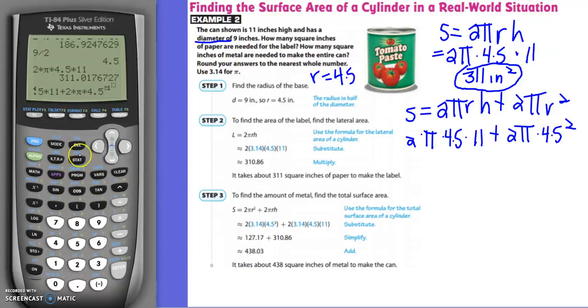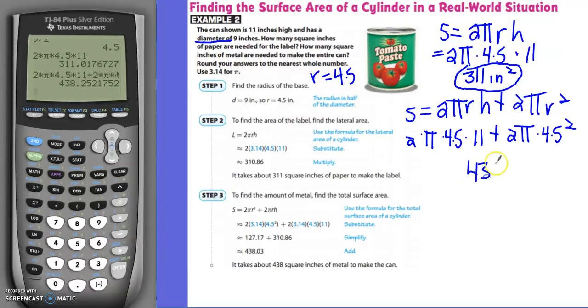Sorry, I need to delete it. Let me try that one more time. There we go. Okay, 4.5 squared. All right, so we get 438, and that's going to be inches squared.